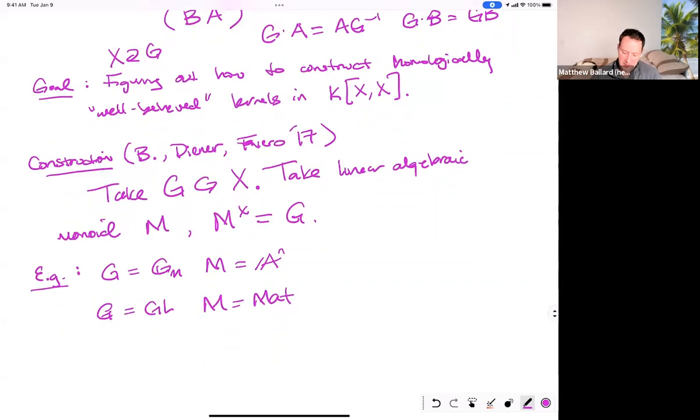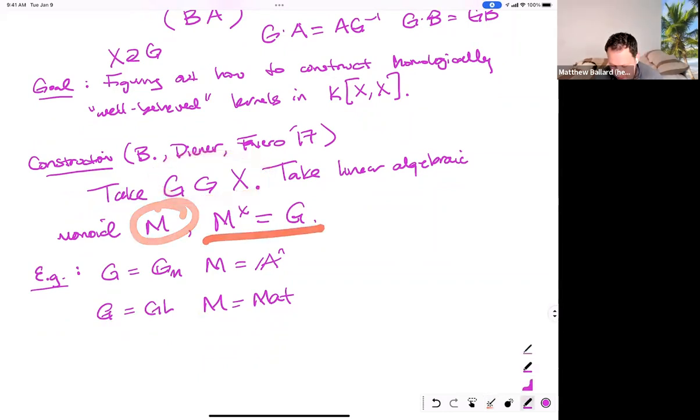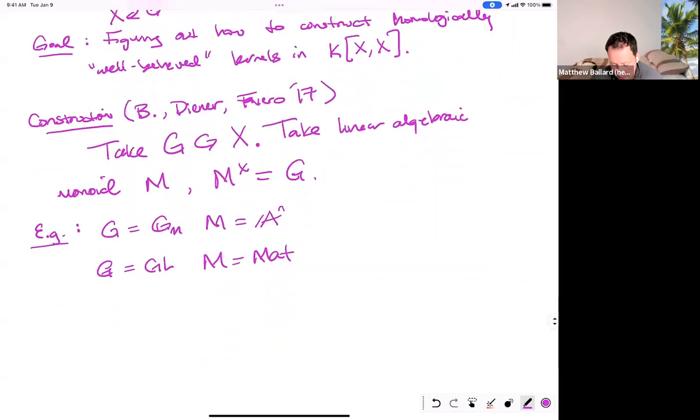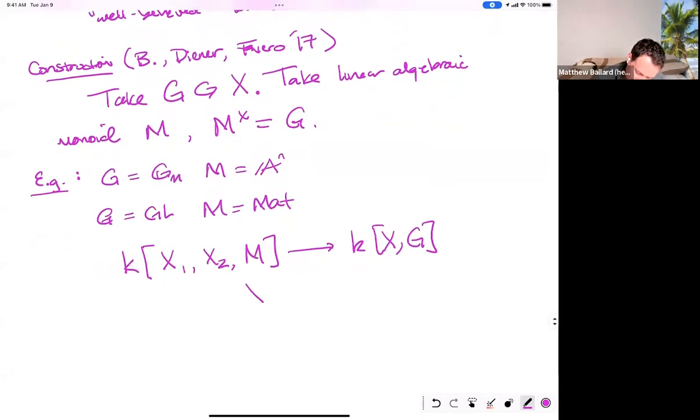All right, so if I have this data to start out with, G acting on X, some monoid, and I know the units are G, or at least I know G is a subset of the units, I can deal with that too. What can we do here? Well, we get an obvious map. I have two copies of functions on X, I have functions on M, and we can send that to functions on X cross G. First we just send a function on X to itself.